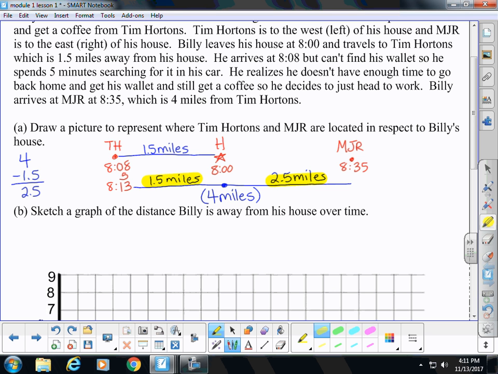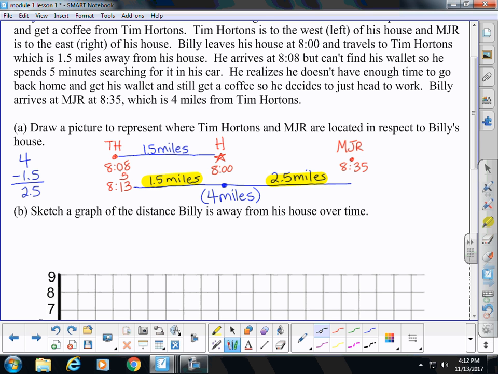Another thing that we're going to have to figure out is what time does he pass his house on the way back? Well, if he went from his house to Tim Hortons and it took 8 minutes, because it was 8 o'clock and he got there at 8:08, it's going to take him 8 minutes to go back to his house.